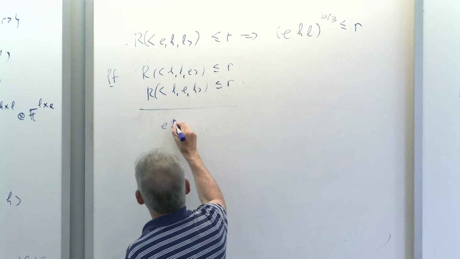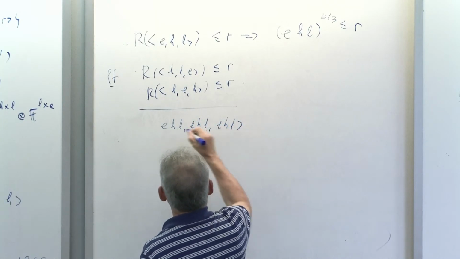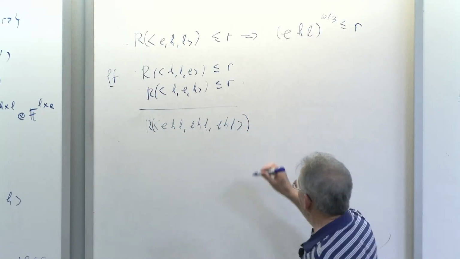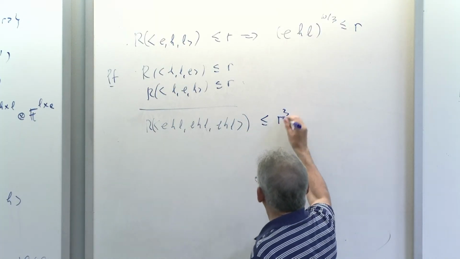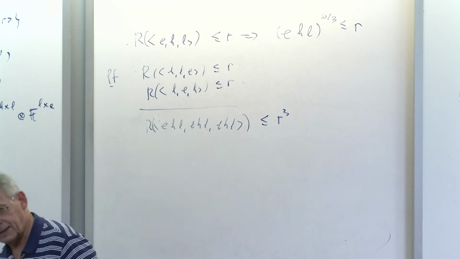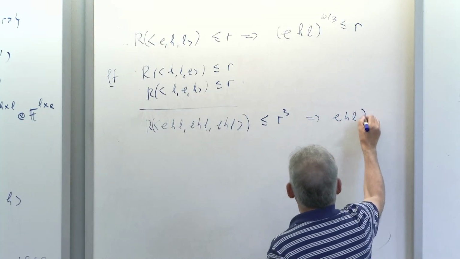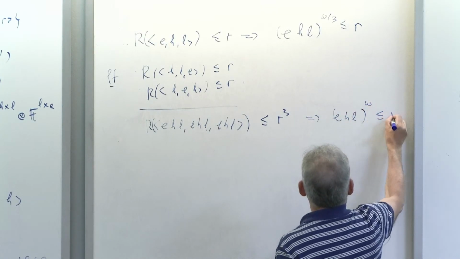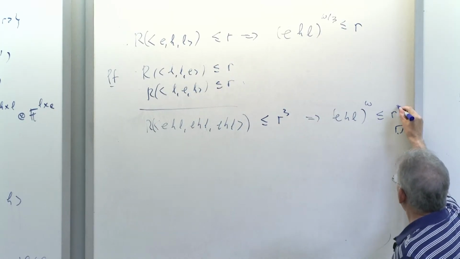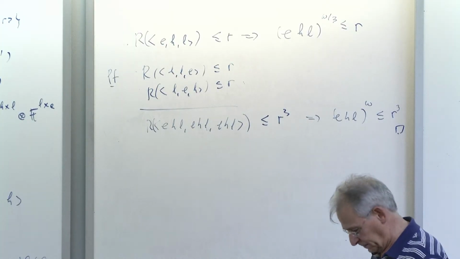I get the tensor for e, h, l three times, and then I use that the rank is submultiplicative, so this is at most R cubed. Then I apply this rule, infer this, and I have proved this. R cubed, cubed, thank you. Okay, so this is pretty simple.